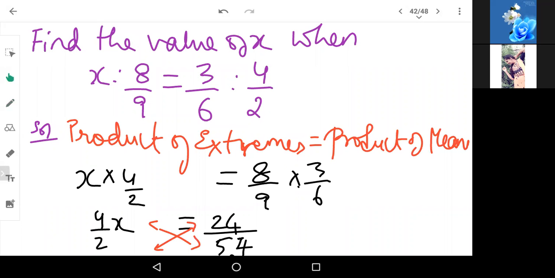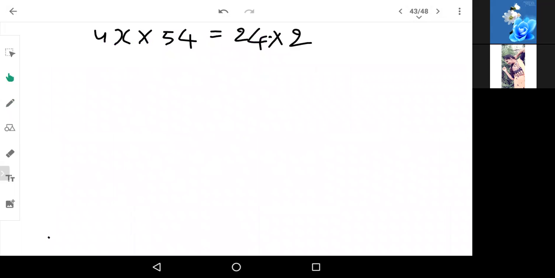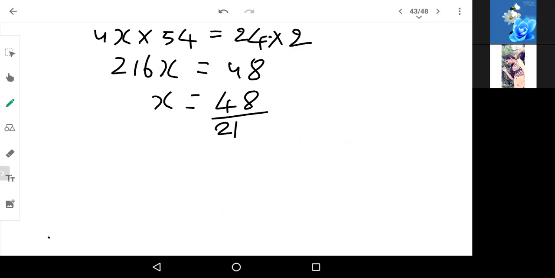So what will be the value of x? We have to find out. 4 into 54 is 216x is equal to 24 into 2 is 48. So x is equal to 48 by 216.